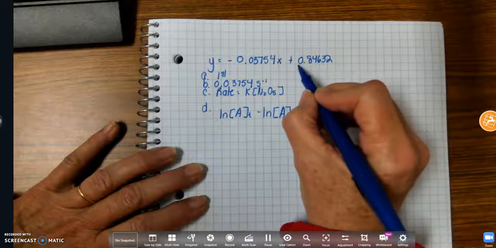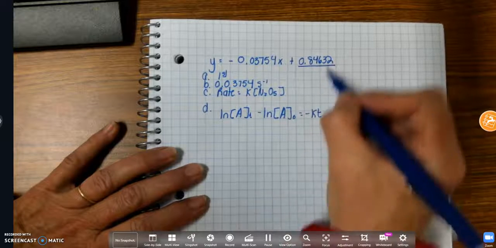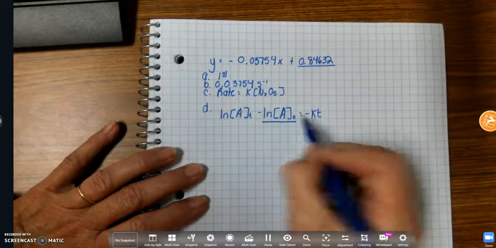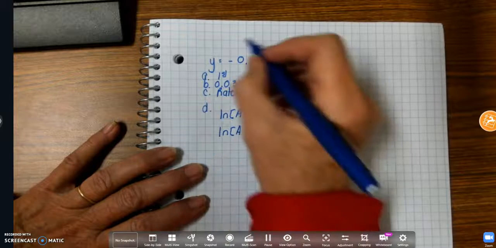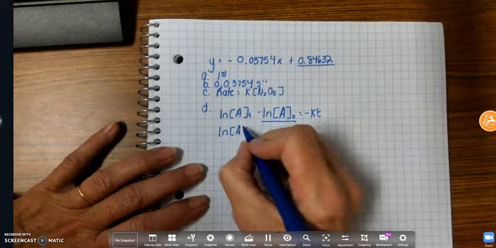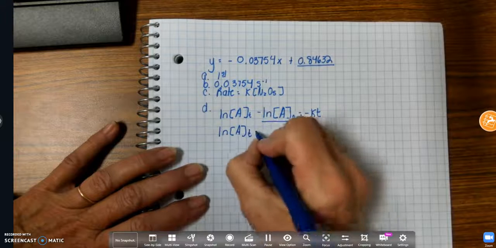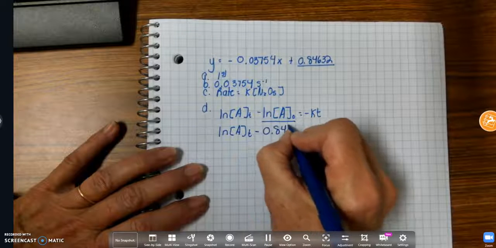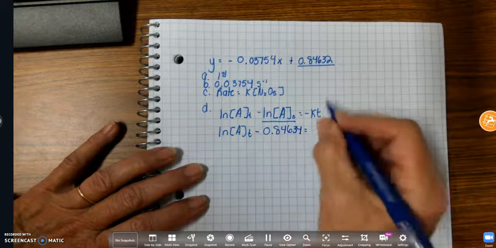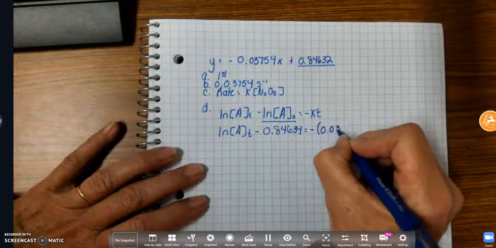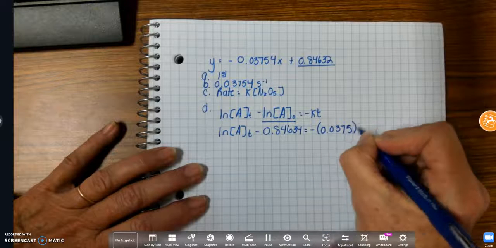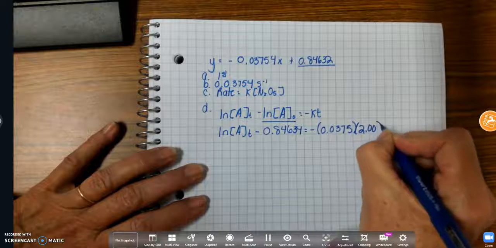If this is my y-intercept, this number is here. So I can substitute, right? Because that is my y-intercept, mx plus b. So that's going to be minus 0.84634 is equal to, I know what my k is, a negative 0.0375 times 2 minutes.